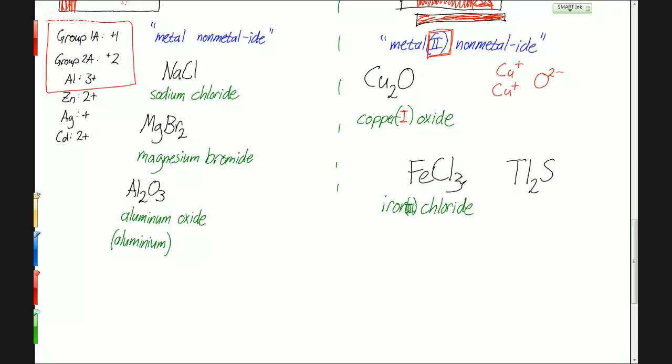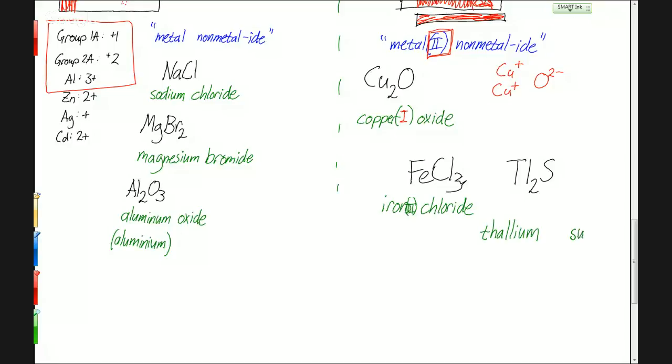Okay. And what about Tl2S? Close. It's Tl, not Ti. Yeah. Thallium. That's number 81, right between lead and mercury. It's a very poisonous, nasty element.